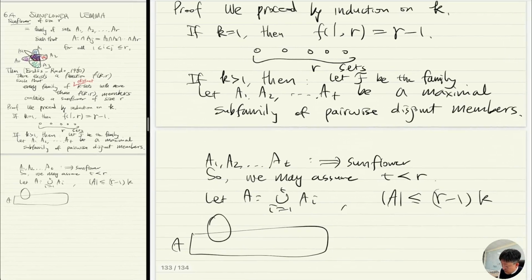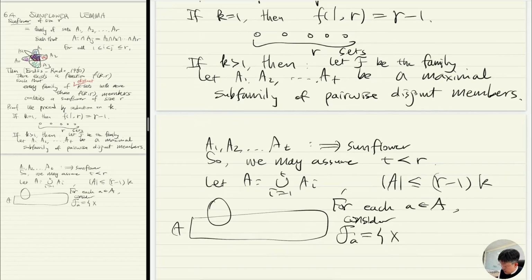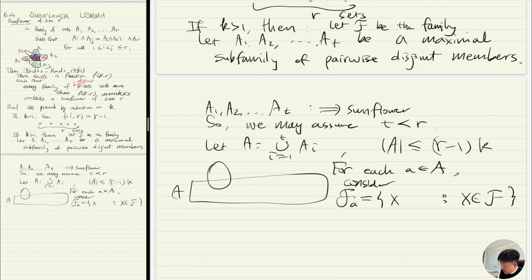Now for each element a in A, consider F_a, which is the collection of, for every member X in F, if X contains a, then we take all such members.